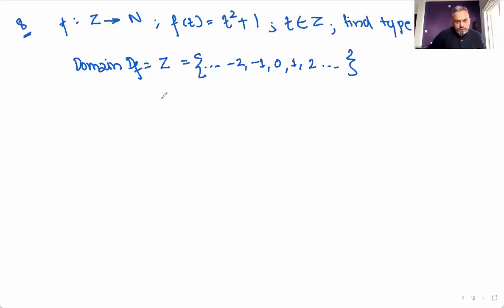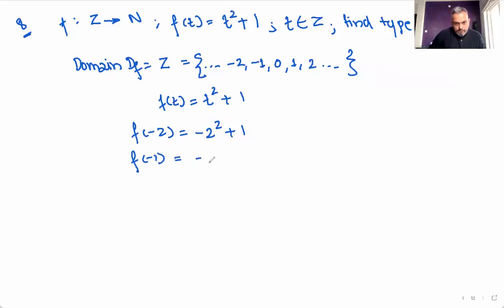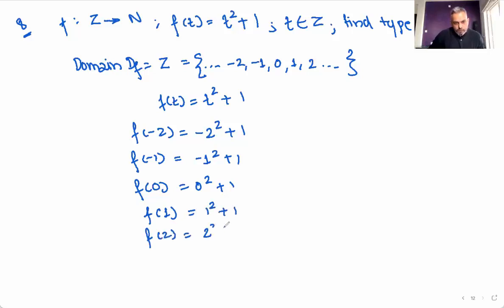Now, the equation is f of t is equal to t square plus 1. So we take f of -2 is equal to -2 square plus 1. F of -1 is -1 square plus 1. F of 0 is 0 square plus 1. F of 1 is 1 square plus 1, and f of 2 is 2 square plus 1.